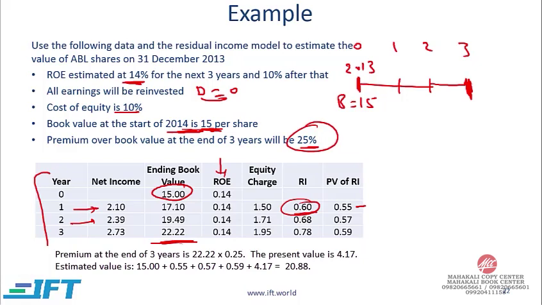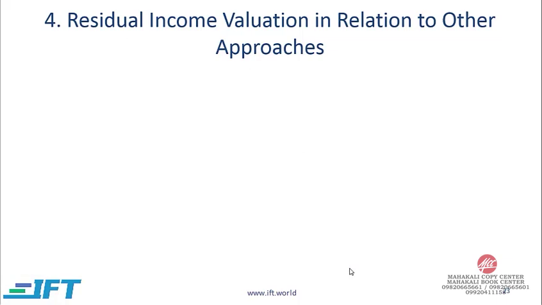So that gives us a number, and the present value of that number is 4.17. So what is the value at time 0? It is the initial book value of 15 plus the present value of residual incomes for year 1, 2 and 3 plus 4.17.